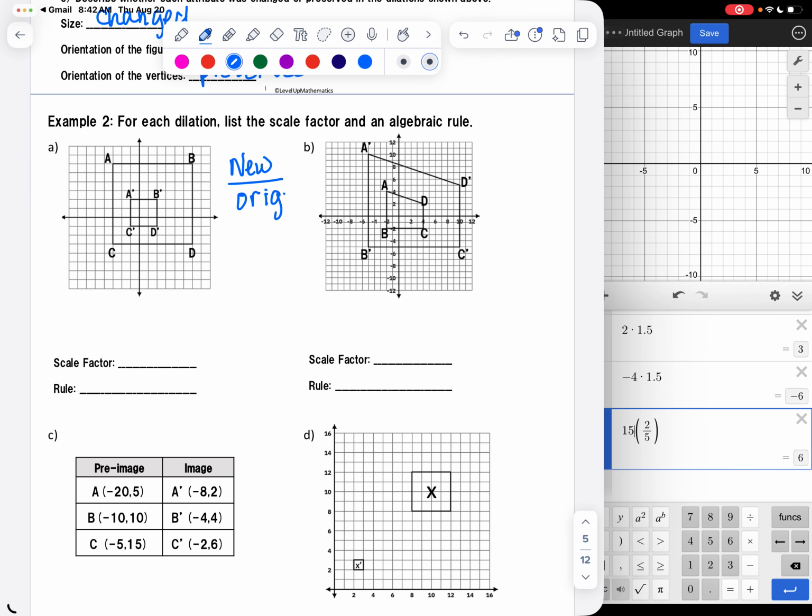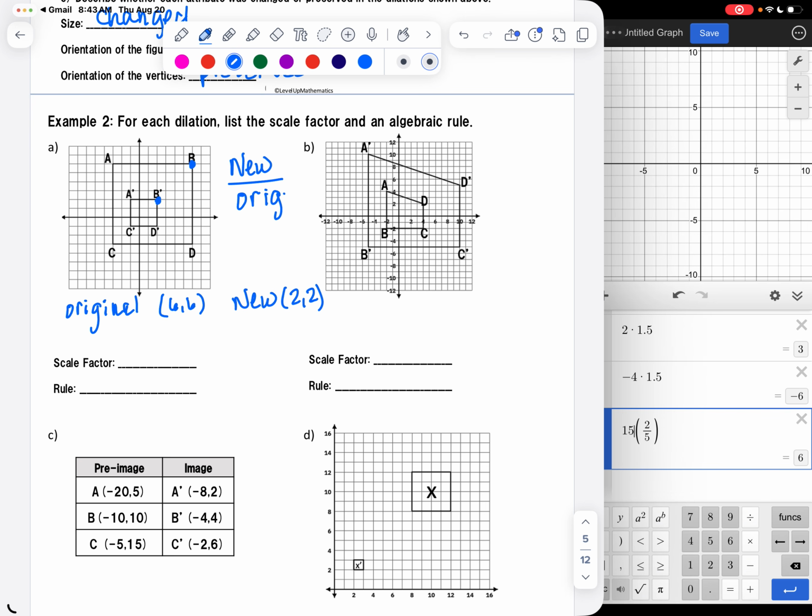I'll just focus on, here's my original B, here's my new B prime. So my original B was at 6, comma 6. The new coordinates of B are 2, 2.